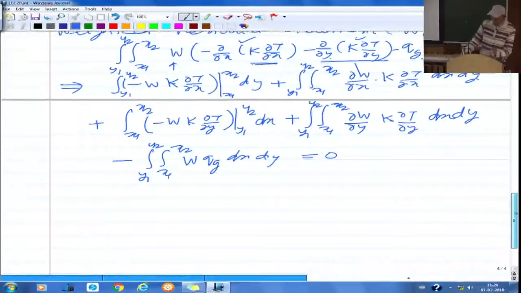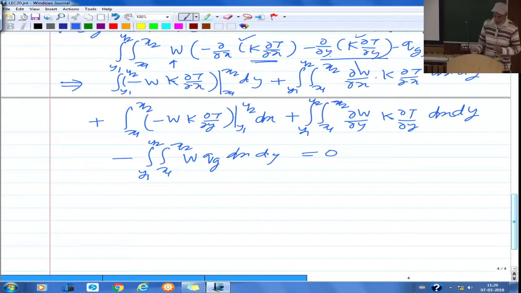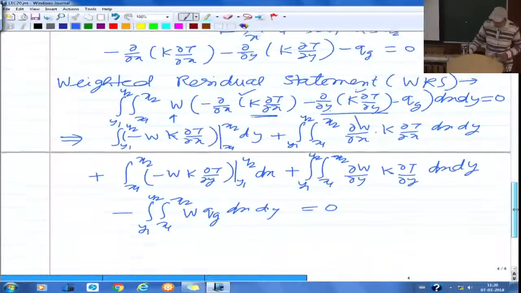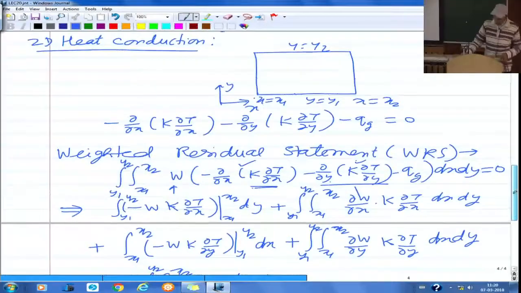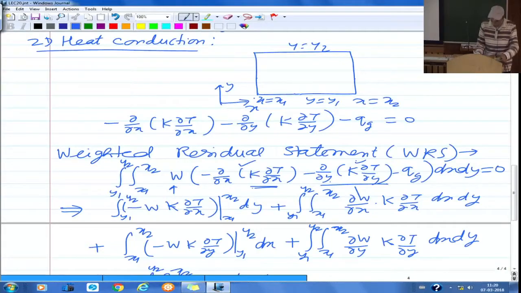Now let us do a little bit of interpretation of these boundary terms. If I want to represent the boundary terms by a single integration along the boundary of the domain, say I start from here and go in an anti-clockwise fashion.